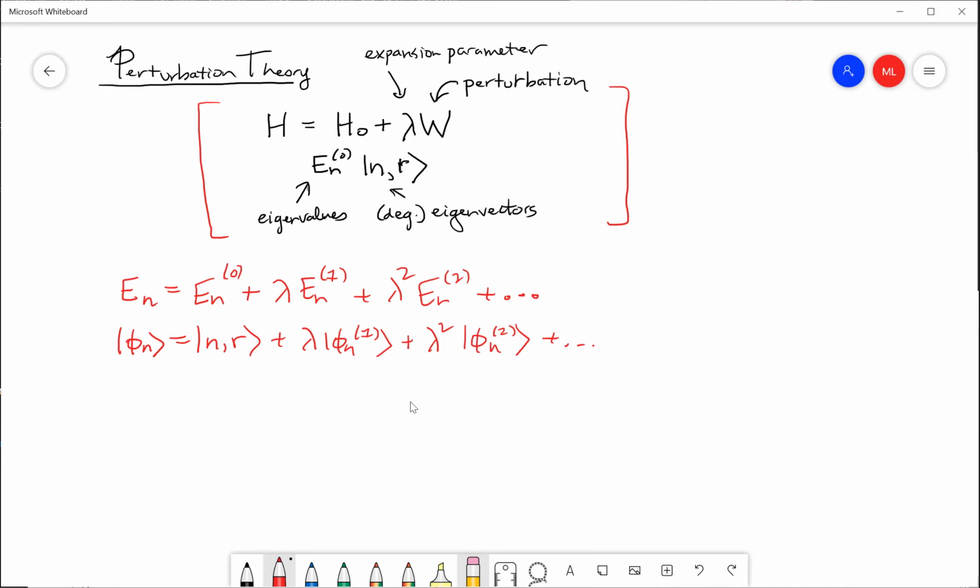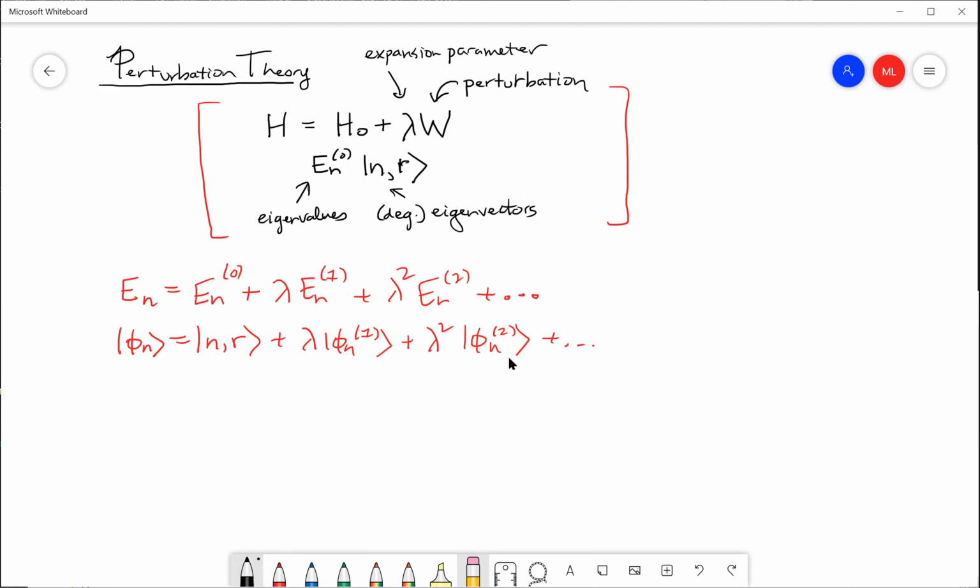But in any case, once you have this setup, you can now just go through the calculation for figuring out what these corrections are. And the reason you can do that is just because you already know what you want, right?